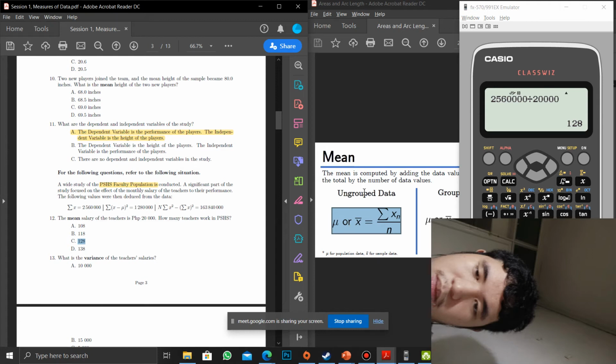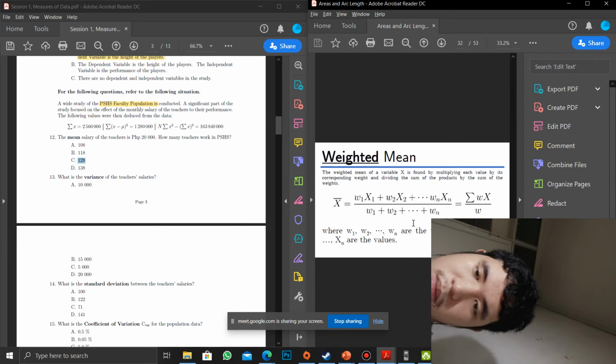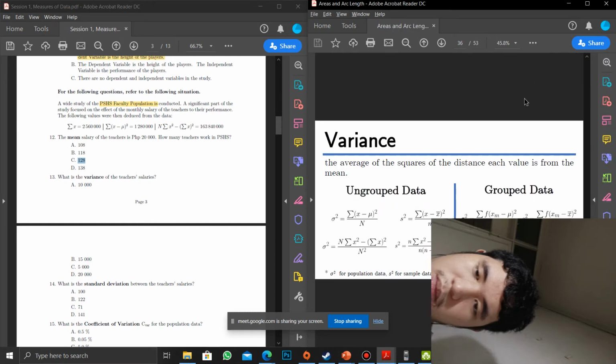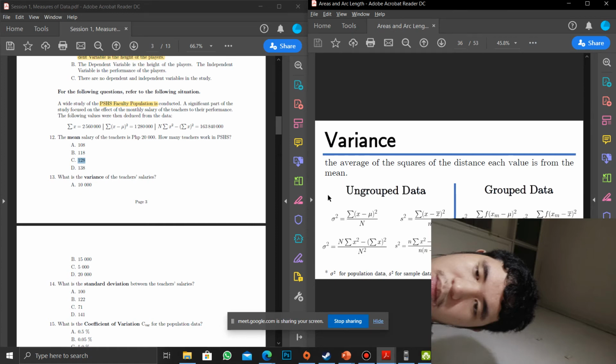Letter C. Next, paano tong variance and standard deviation? Look at the PowerPoint closely. Kita nyo to? Super complicated, di ba? Pero binibigay yan sa exam. Binibigay lahat yan sa exam. Na-determine natin ungrouped or grouped data. It's ungrouped data, kasi wala naman sinabing group sila pareho. Okay, yan na, tapos na tayo. Bakit tapos na tayo?